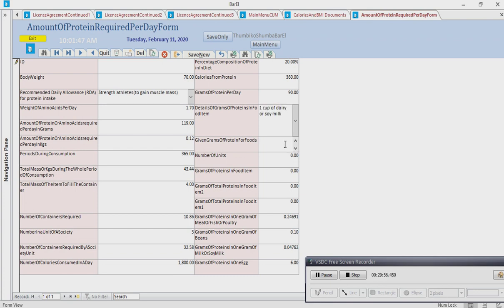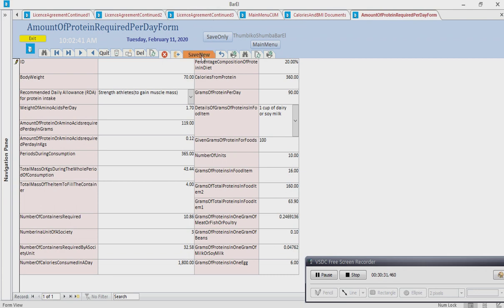Given grams of protein for foods, let's say is 100. Number of units 10. Grams of protein in food item is 16. Okay, 460.